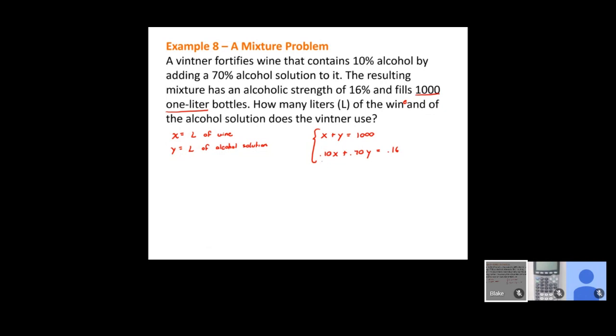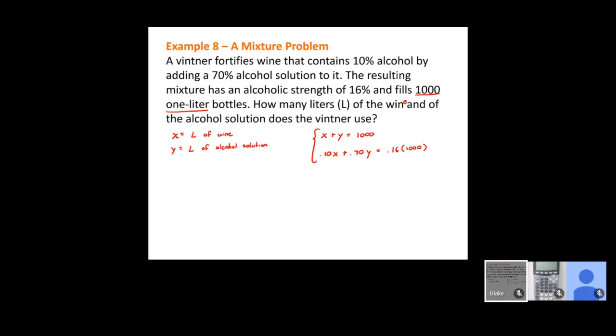But if you remember, we did 10% times the liters of wine plus 70% times the liters of alcohol solution. That's going to be equal to 16% times the total amount that we actually have. So what are we going to have to multiply 0.16 by? 1,000, right? So just be real careful. That's the part that it's easy to leave off.